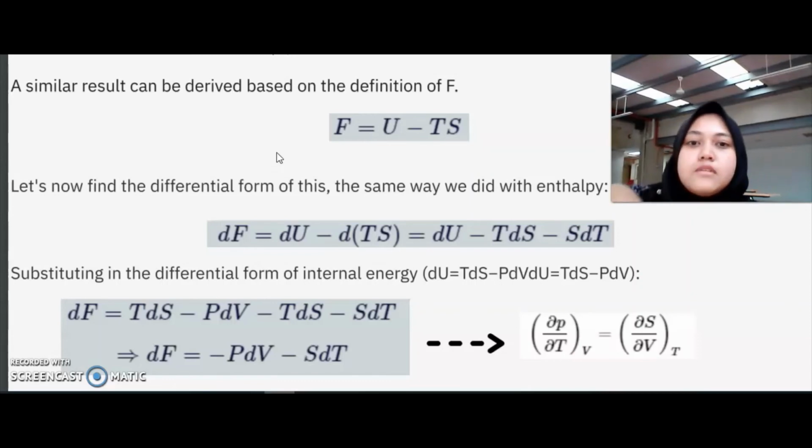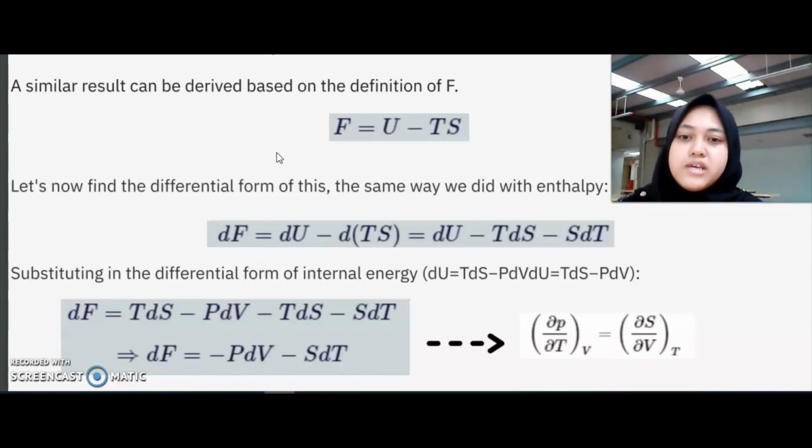Firstly, we substitute the function F(x,y) into T and V, and then we find the differential form of this equation, and we got dF equals dU minus d(TS), which equals dU minus TdS minus SdT. Then we substitute the differential form of the internal energy, and we got the equation for dF.